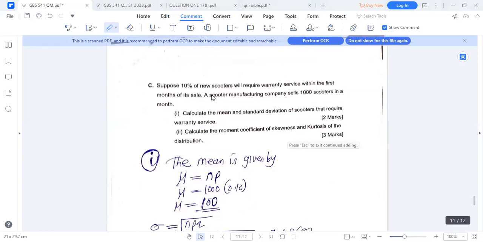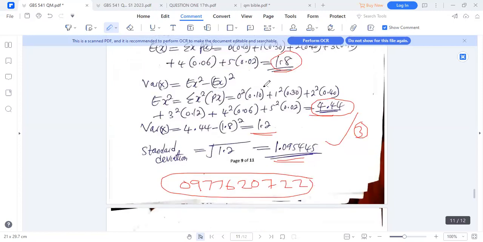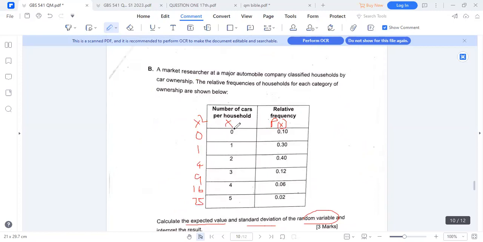So now move to... Aliyah, are we on the same page? Collins, I'm a little bit lost on probability, but we move on. No, I can't move on until you understand. The other one, not this one.